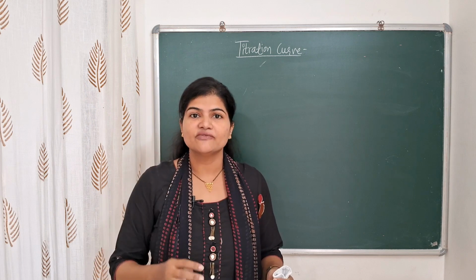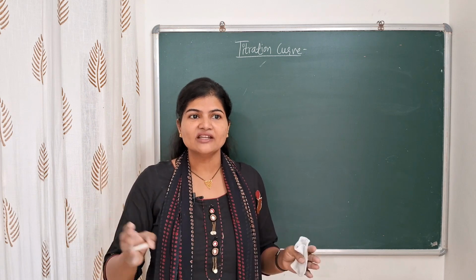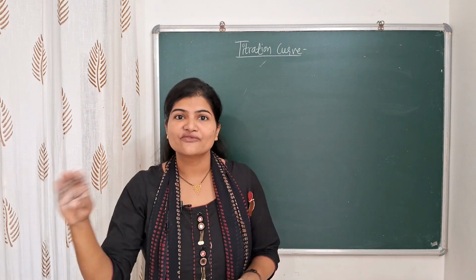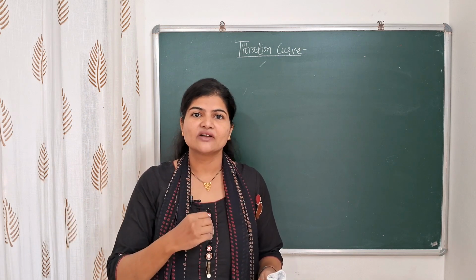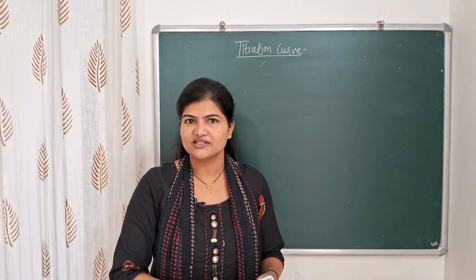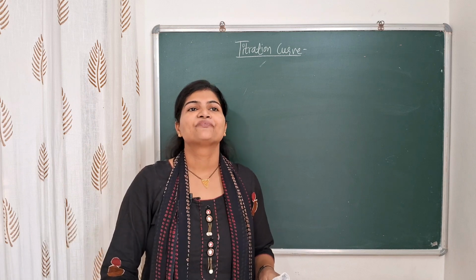Basically, we will plot a curve, a graph, looking at the entire course of titration of a precipitation reaction. We have already plotted the titration curves for aqueous acid base titrations, and you will find those videos on my channel also.